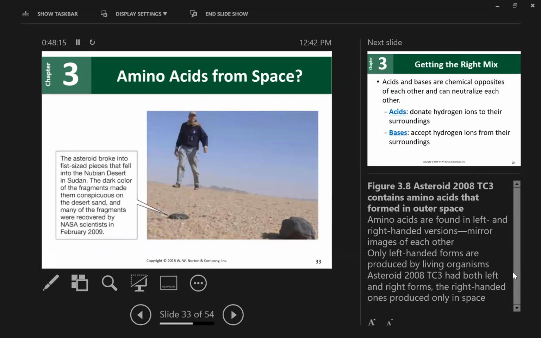So amino acids are found in left and right-handed versions, and they mirror each other. Only left-handed versions are produced by living things. And the asteroid had both left and right forms. The right-handed ones are produced only in space.